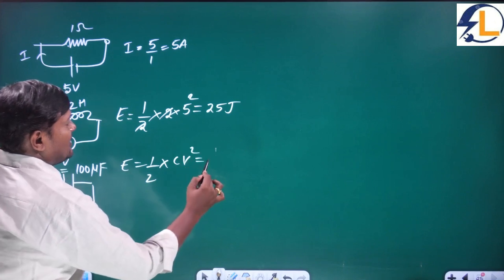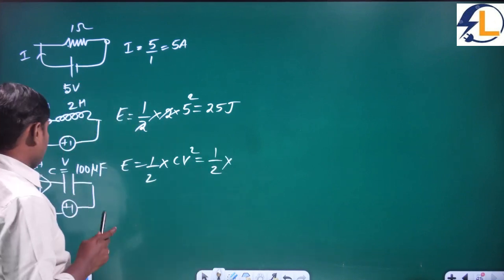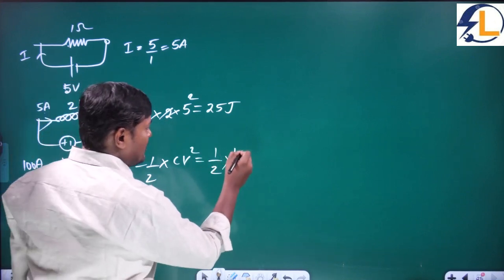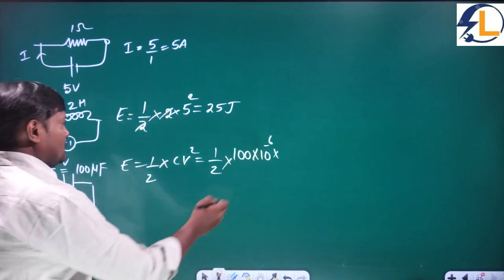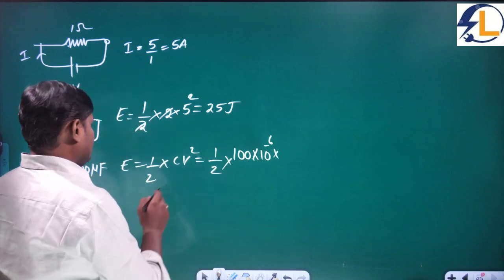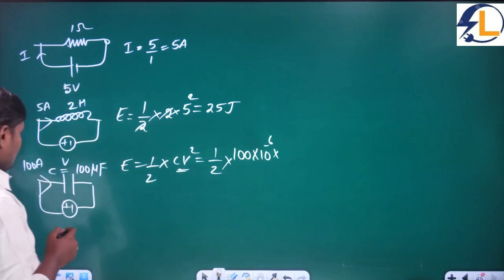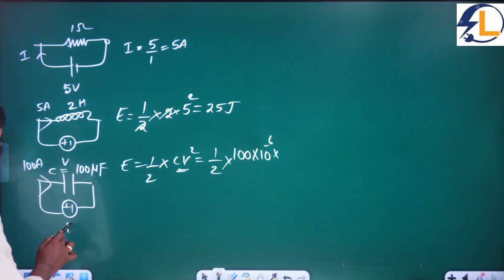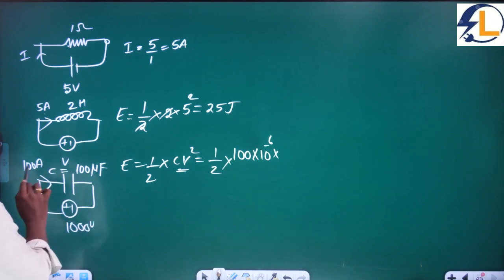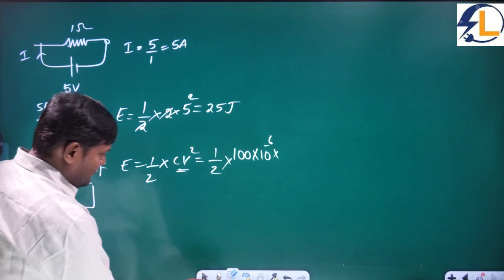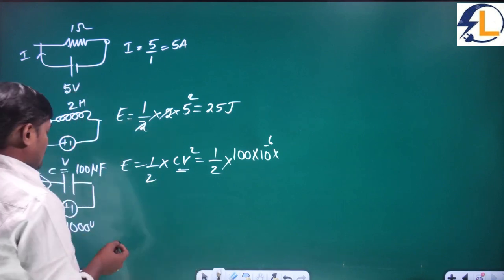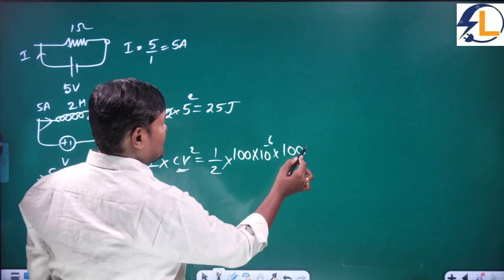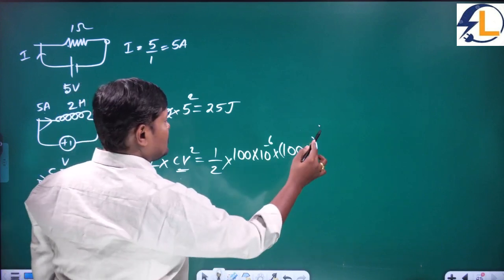Half C V square, half into what is the C value? 100 into 10 to the power of minus 6, into what is the V value? See here, you will take 1000 volts. Sorry, current is not required here. So 1000 volts, half C V square, V square, 1000 square.